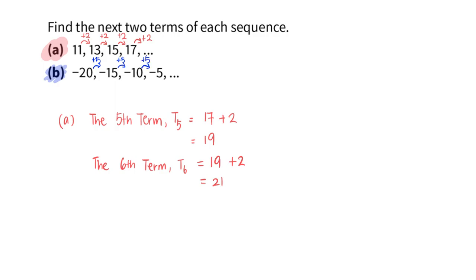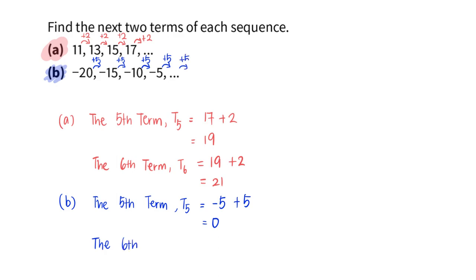And so, that's what we just have to do to find the 5th and 6th term. So for part B, the 5th term would then be negative 5 plus 5. This will give me 0. And the 6th term, of course, we are going to add 5 to the 5th term.